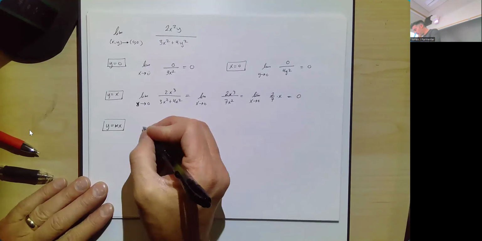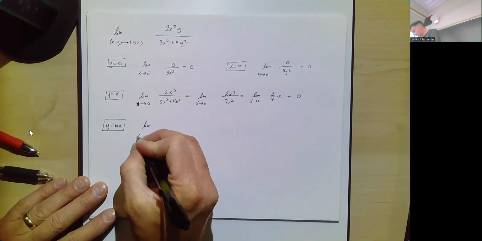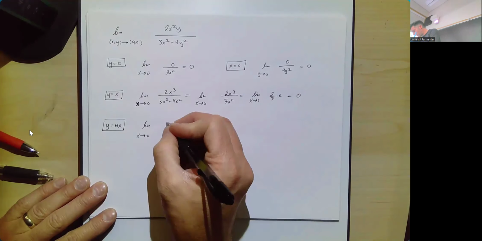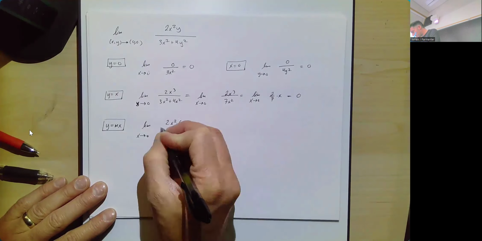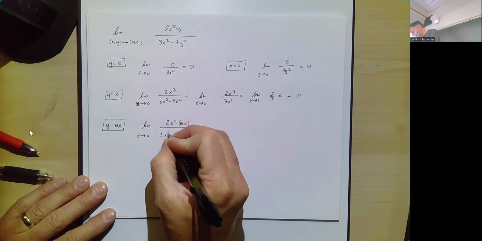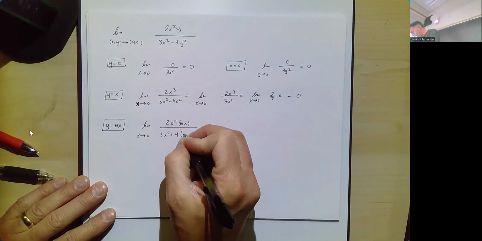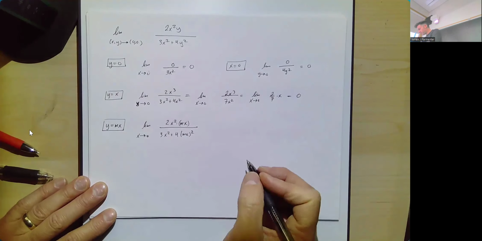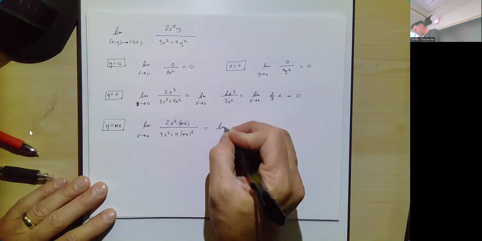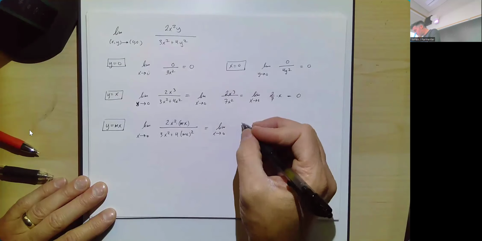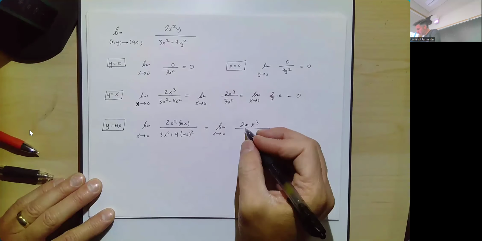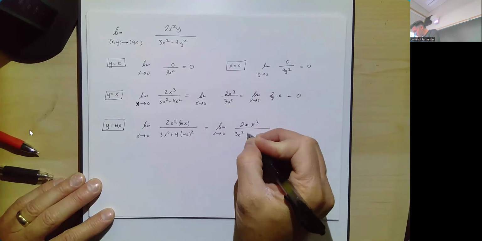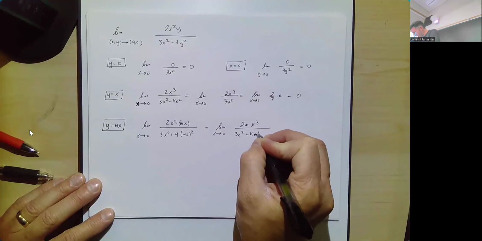So if I tried this, the limit as x goes to 0 of 2 times x squared times mx over 3x squared plus 4mx squared. This ends up being the limit as x goes to 0 of 2mx cubed over 3x squared plus 4m squared x squared.